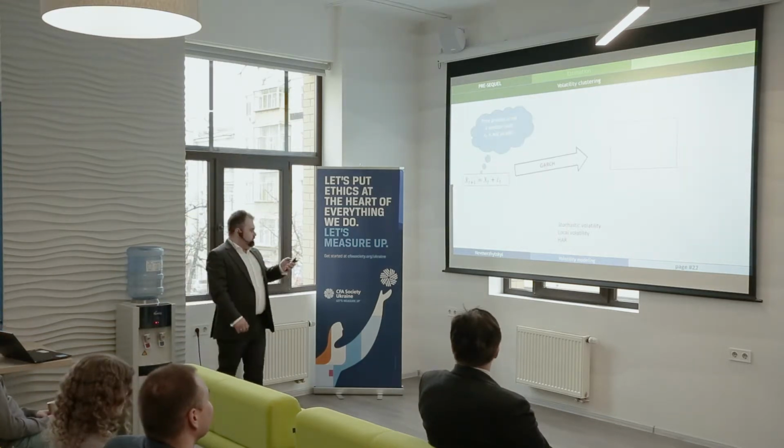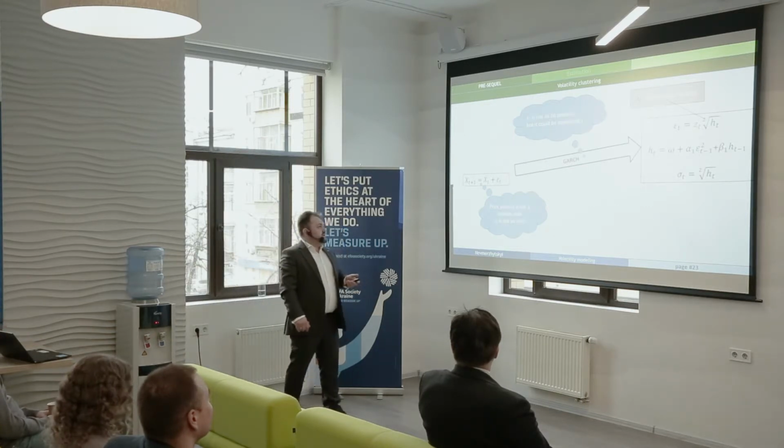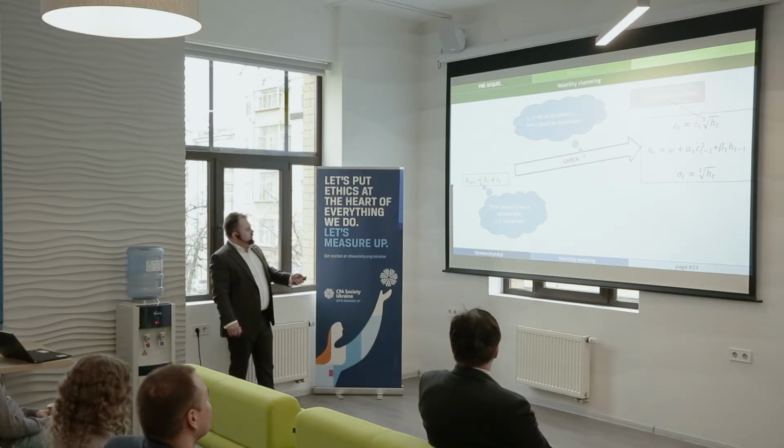How can we obtain the IID process based on the GARCH model? We have a differencing equation where we have an error term.